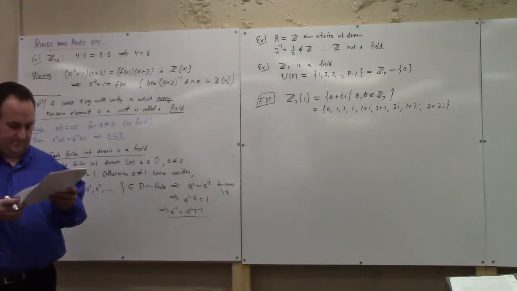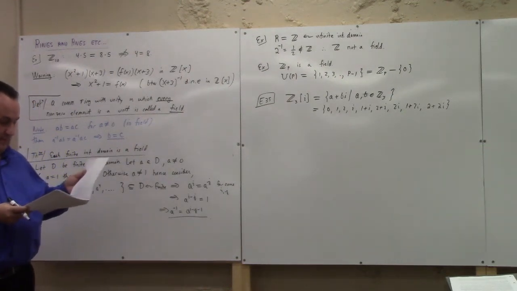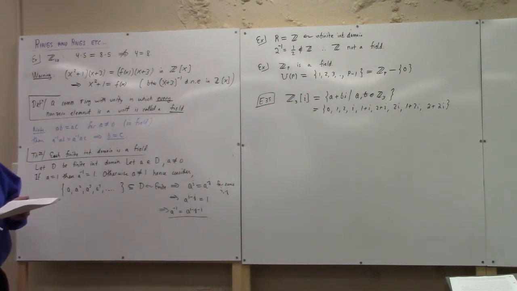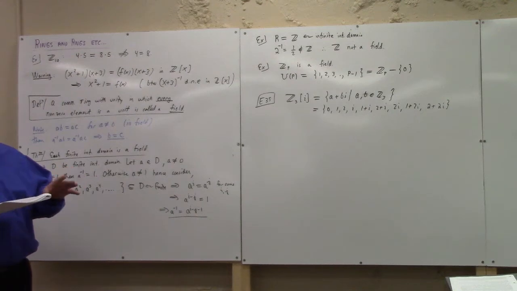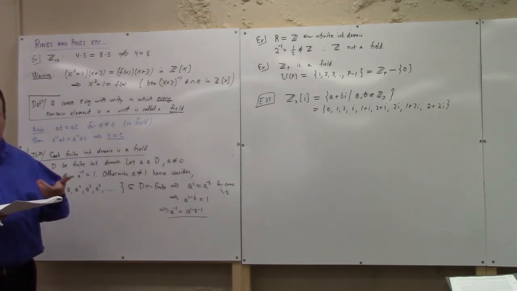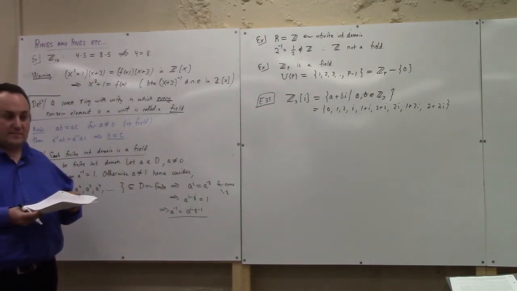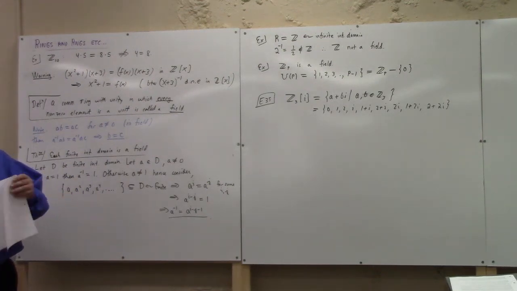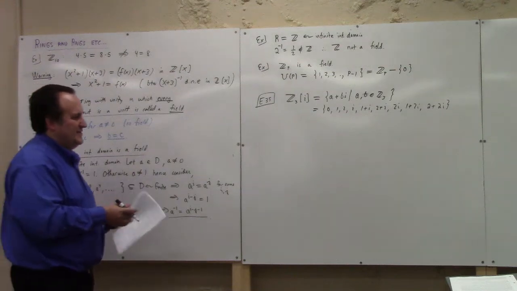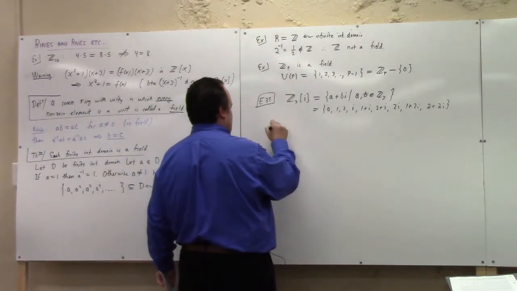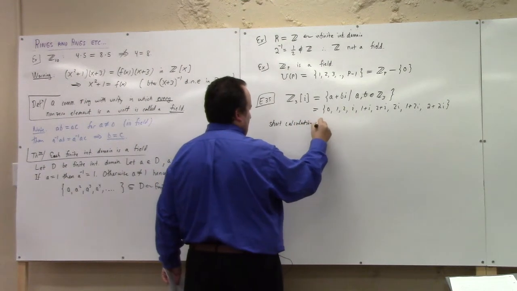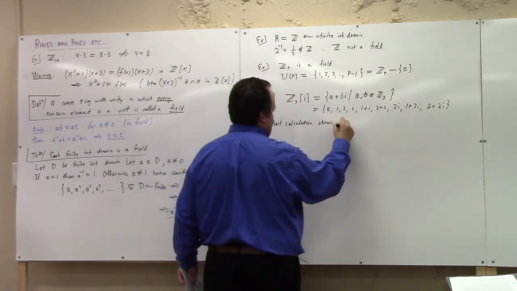I won't bore you with the calculation, but you can prove that this is in fact an integral domain. I have the calculation on page 127. It shows that this is an integral domain. So what does that mean? A short calculation shows no zero divisors.